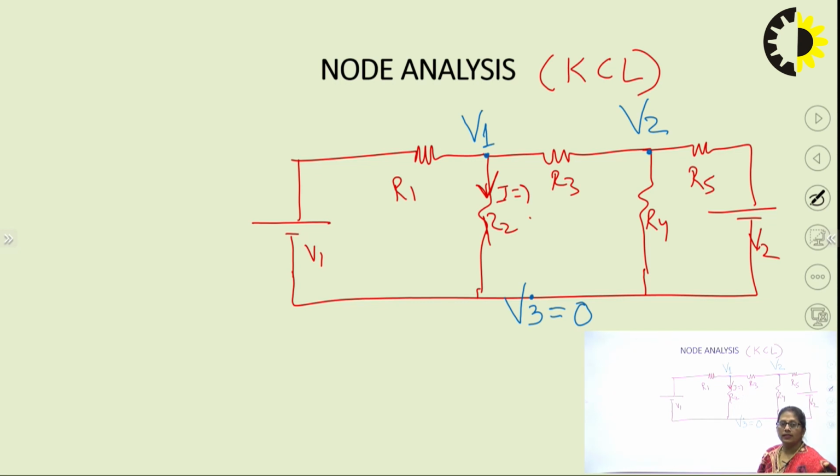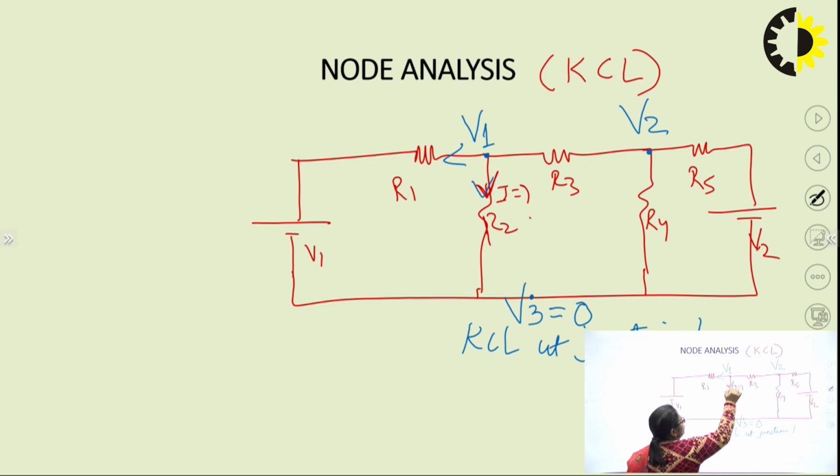How do we write the KCL equation at junction 1? Apply KCL at junction 1. When I apply KCL at junction 1, I need to see how many branches there are. I have 3 branches: 1, 2, 3. Say this is I1, this is I2 and this is I3. If I apply KCL here, the sum of all incoming current is equal to the sum of all outgoing current, right?